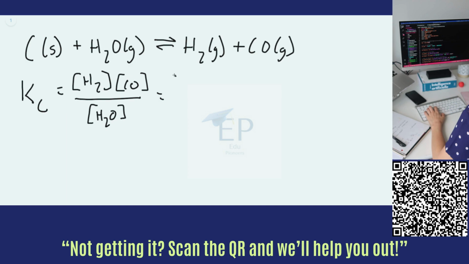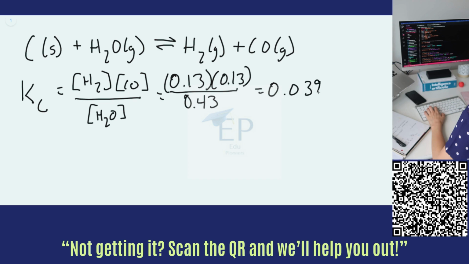And so that equals 0.13 times 0.13 over 0.43. And that gives us a Kc of 0.0393.